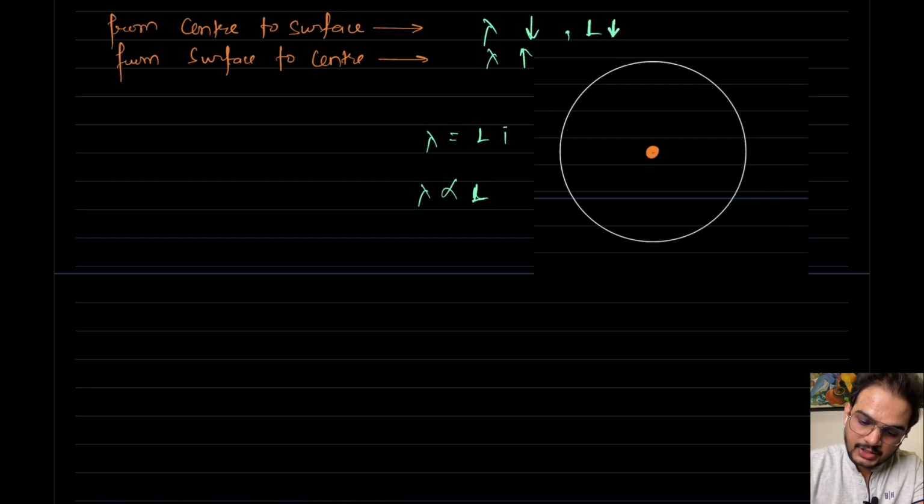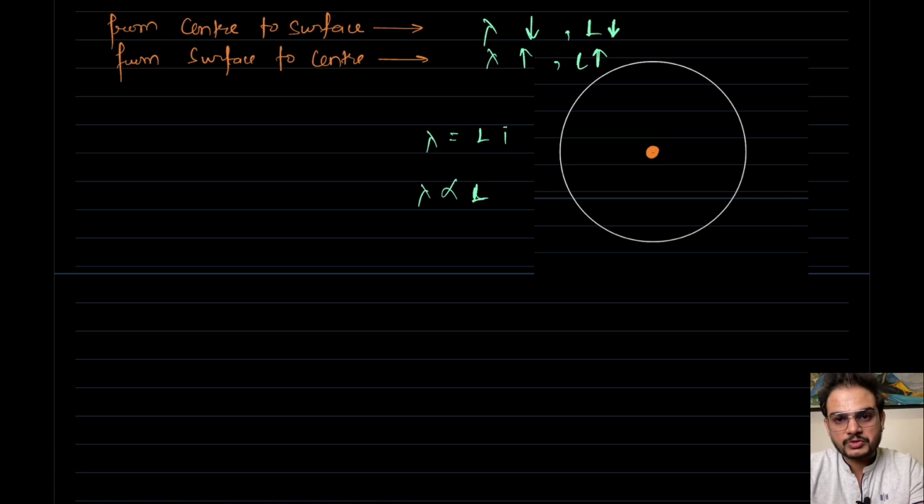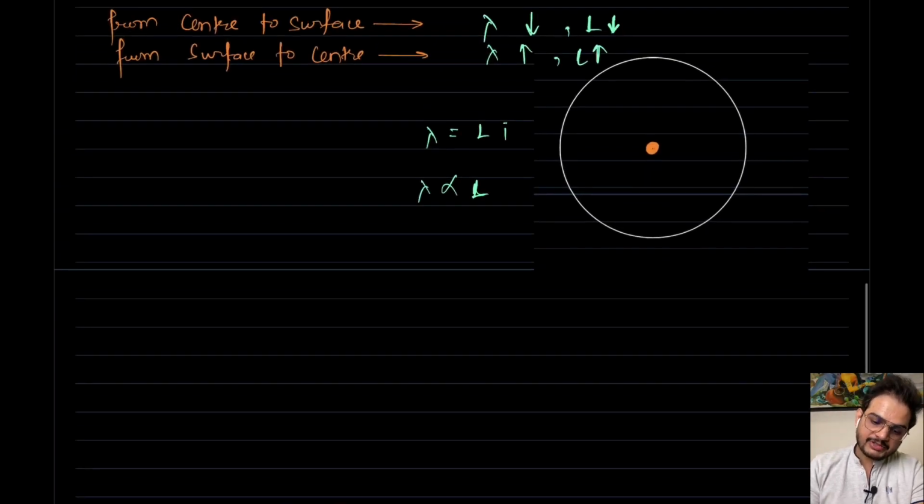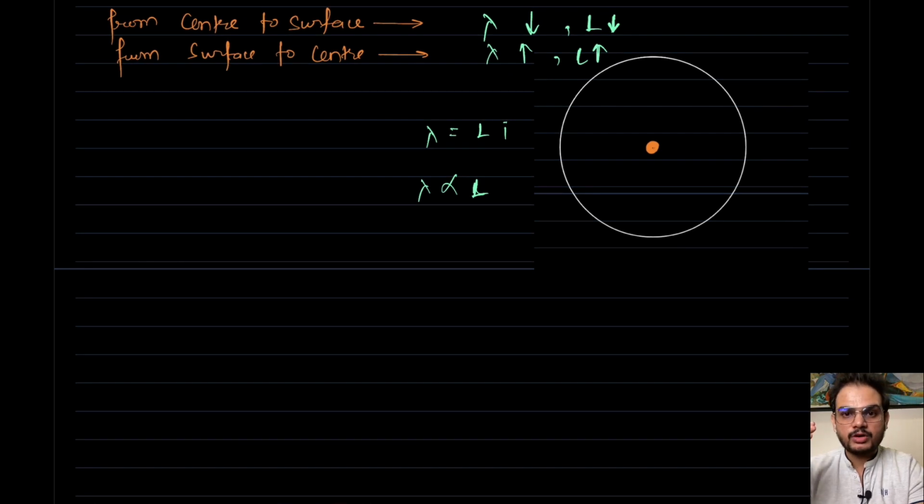And from surface to the center my flux linkage will increase. When I'm moving from center to surface, my flux linkage is decreasing. As my flux linkage is decreasing from center to surface, my inductance is also decreasing. Now as we are moving from center to surface or from surface to center, there is a non-uniformity between inductances.